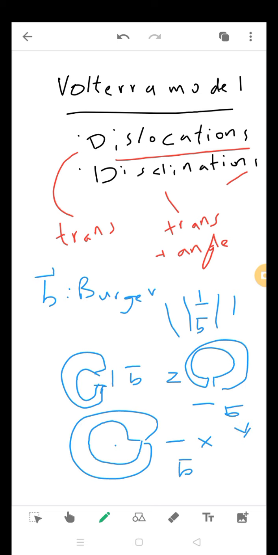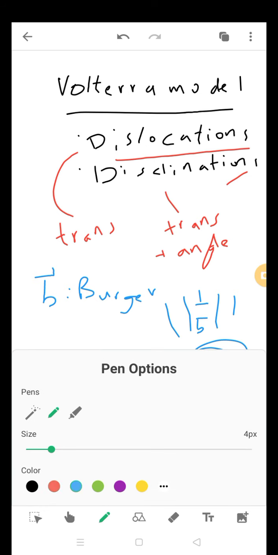So we can have three types of edge dislocations. So these are all edge dislocations.